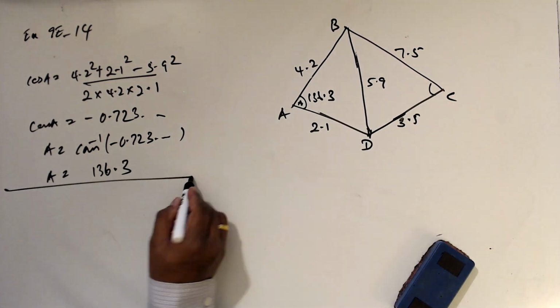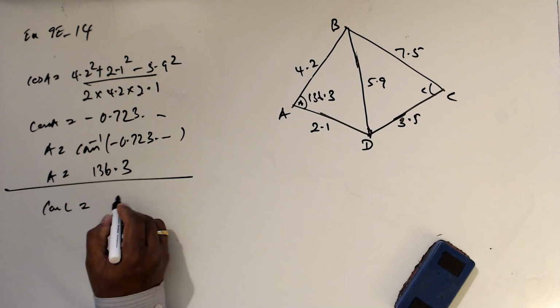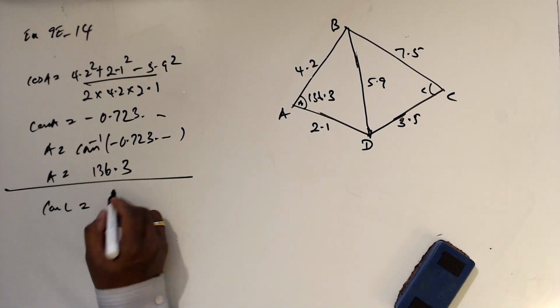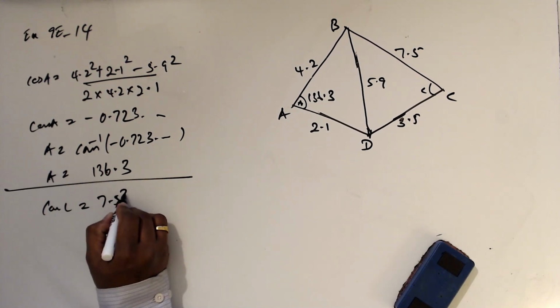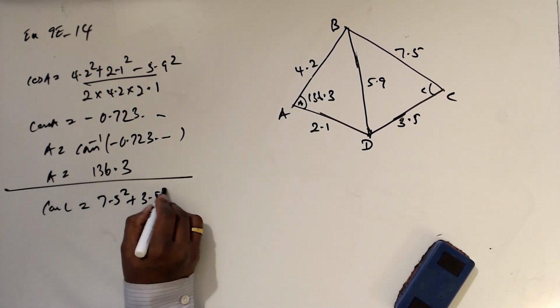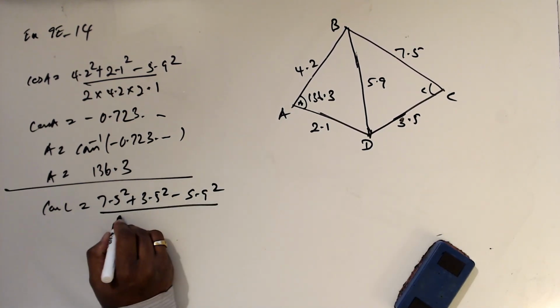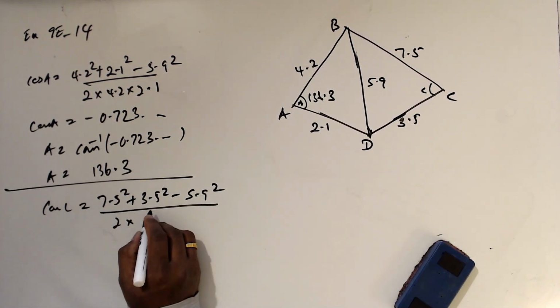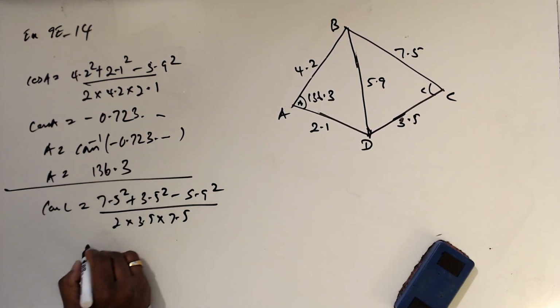So this is 136.3. So we can find C now, same as cos C equal 7.5 square plus 3.5 square minus 5.9 square divided by 2 times 3.5, 7.5.